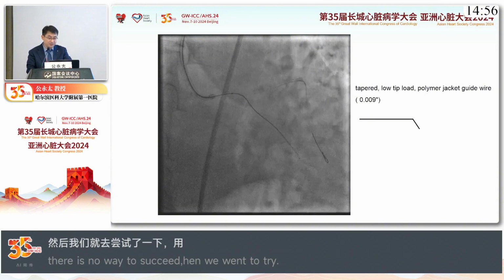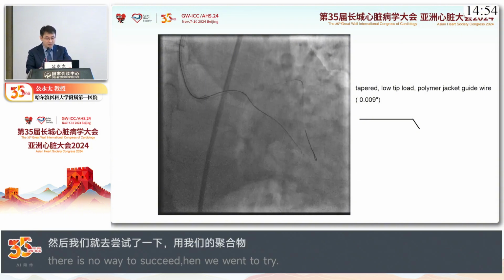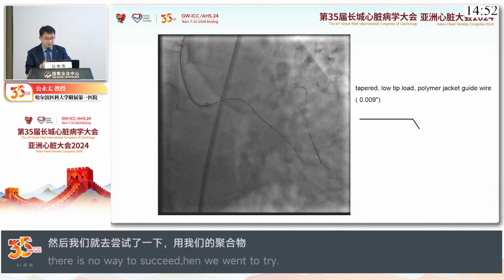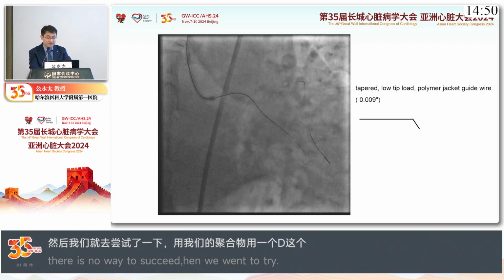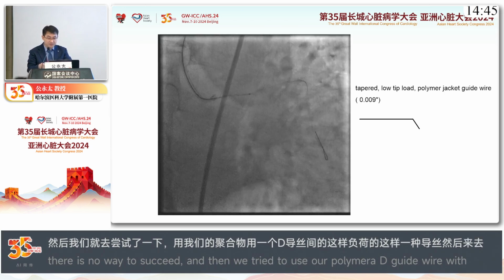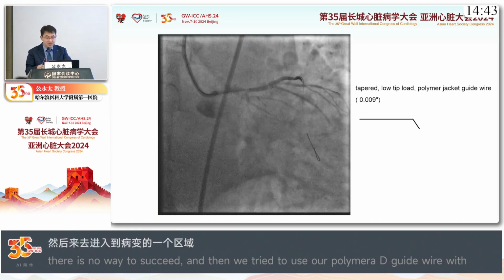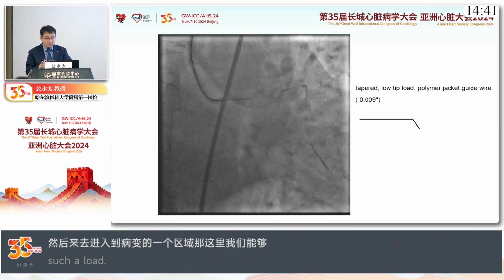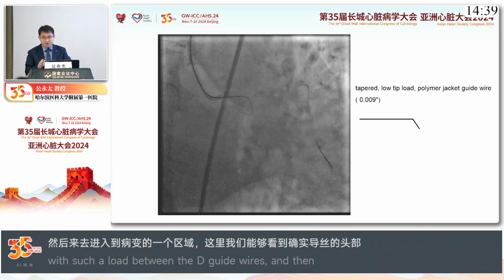We can see it is easily put into the distal segment of the left circumflex. Of course, the tip of the wire should have a large angle curve.